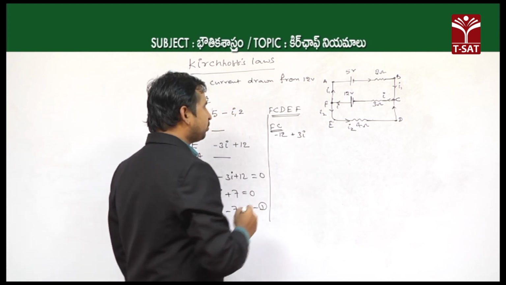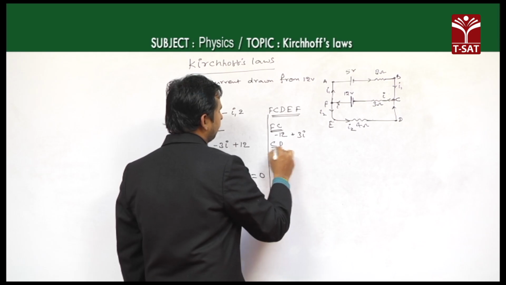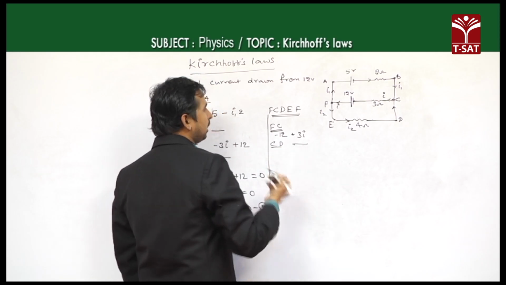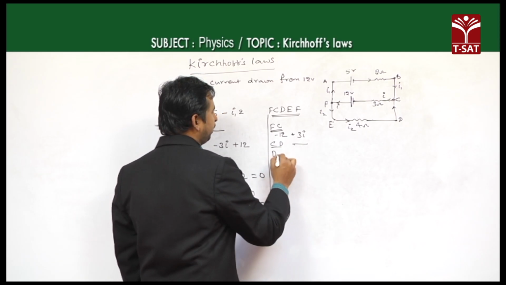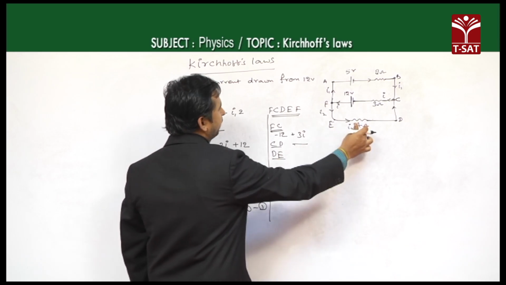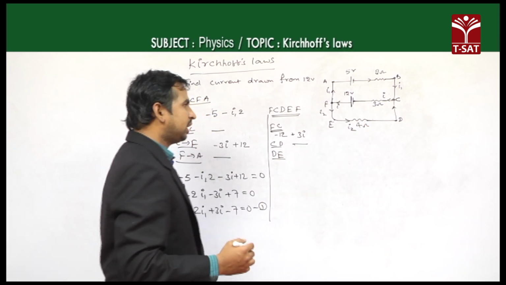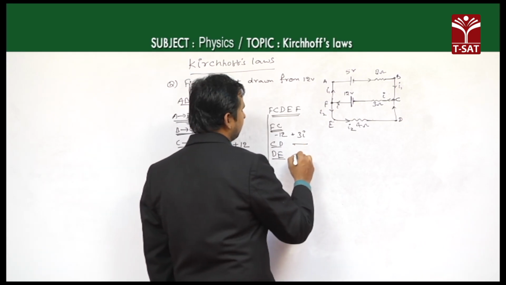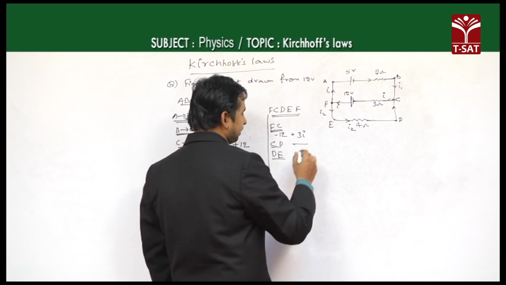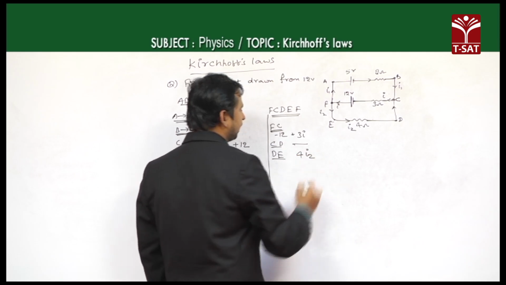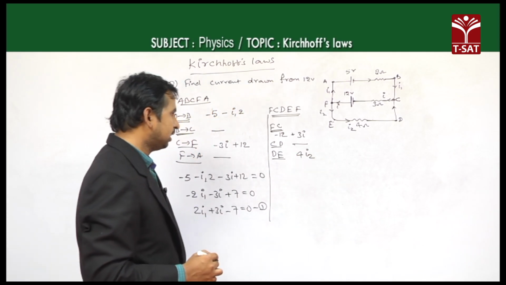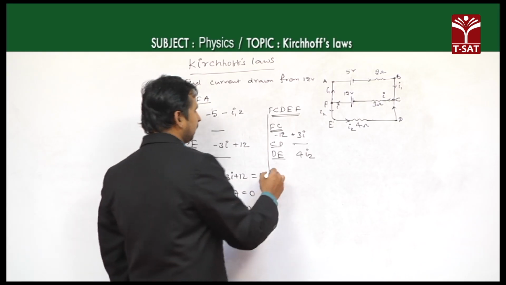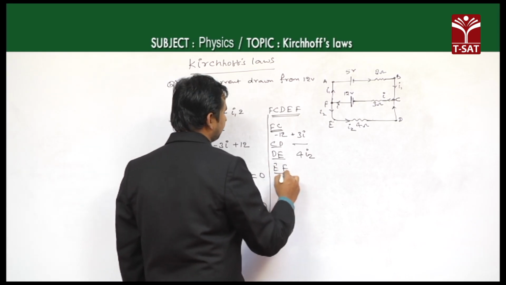And while going from C to D we don't have any potential drops. After that, going from D to E, we have only one resistance, and we are going against the direction of current, so that resistance value is taken as positive, and I2 is the current passing in that D to E. Coming back from E to F, again we have no potential drops.